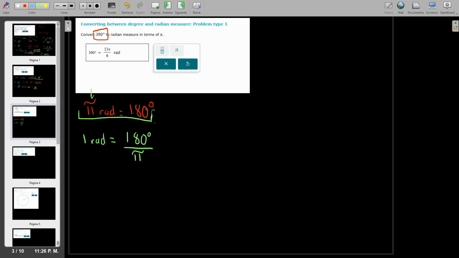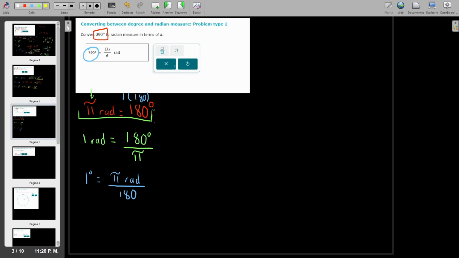Again, we can do the same thing. We need to get rid of this 180 in order to have only the value of 1 degree. So 1 degree is going to be pi radians over 180. So we have the value. In this case, we have 390 degrees.